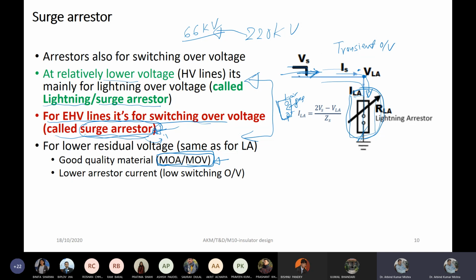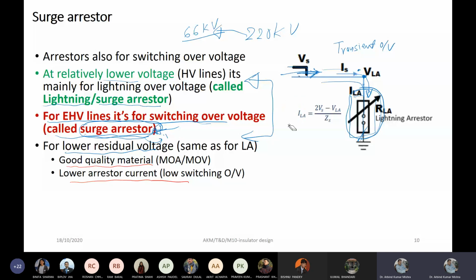So, as in the case of the lightning arrestor, the surge arrestor should also have, as far as possible, a lower residual voltage, and for this we have the same as for the lightning arrestor. It should have good quality material or lower arrestor current. How to get it lower? This is the arrestor current.